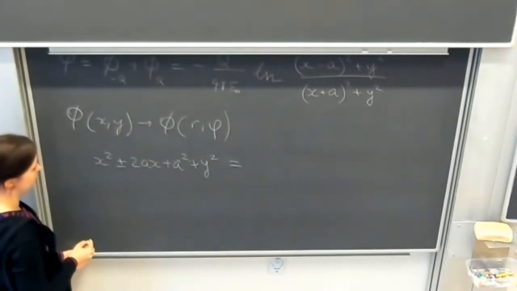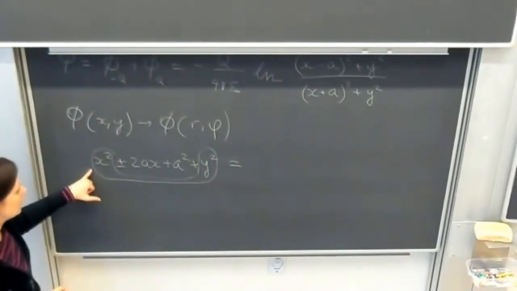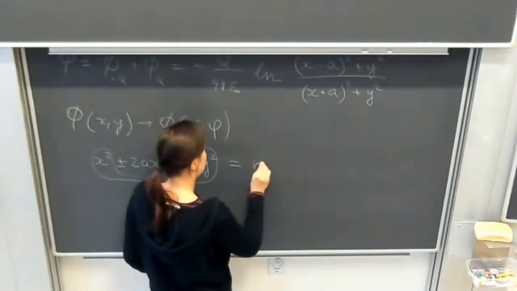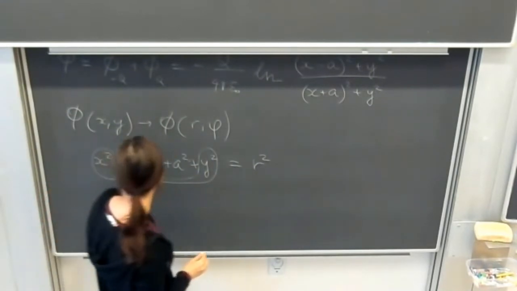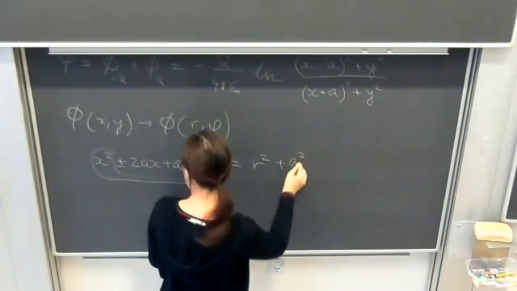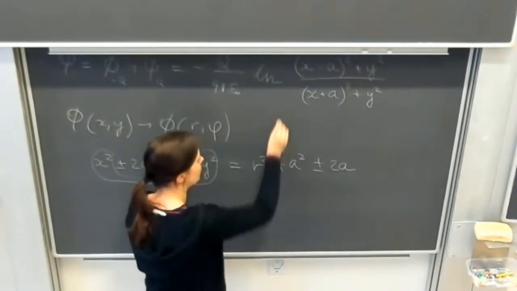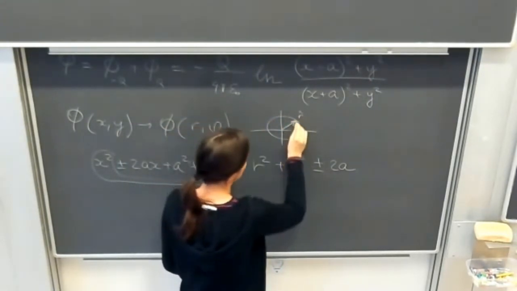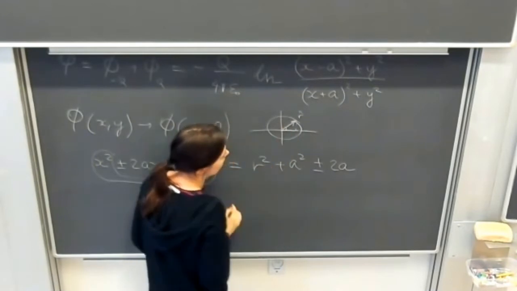So here x squared plus y squared is r squared, and x squared plus minus 2a x. So x can be presented as a projection, which would be r times cosine phi.